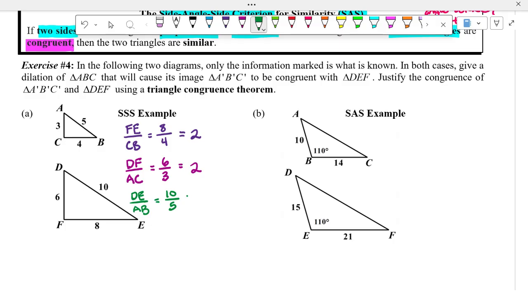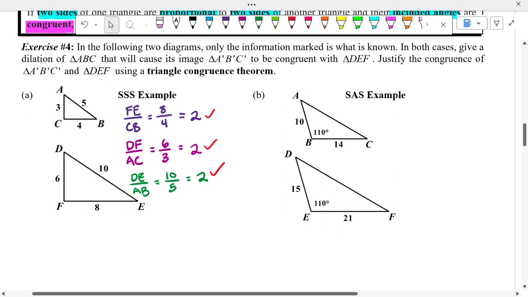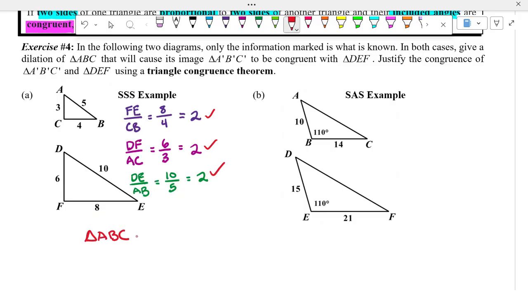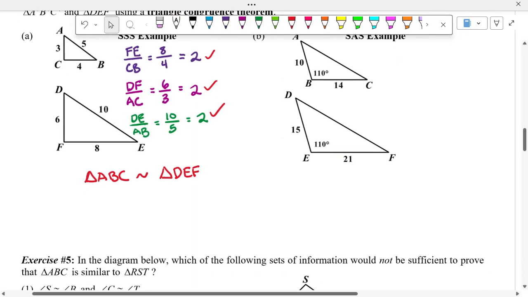Because what's 10 divided by 5? 2. So since all three sides are proportional to each other, meaning they have the same scale factor, we can say that triangle ABC is similar to triangle DEF by side, side, side.